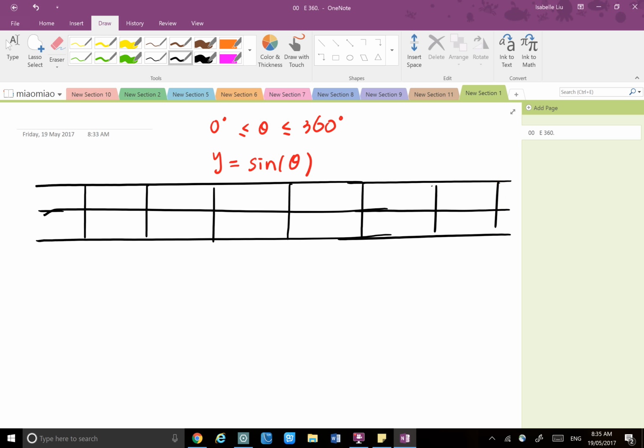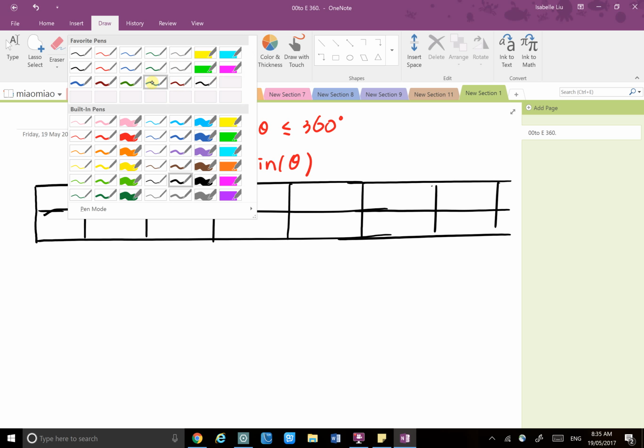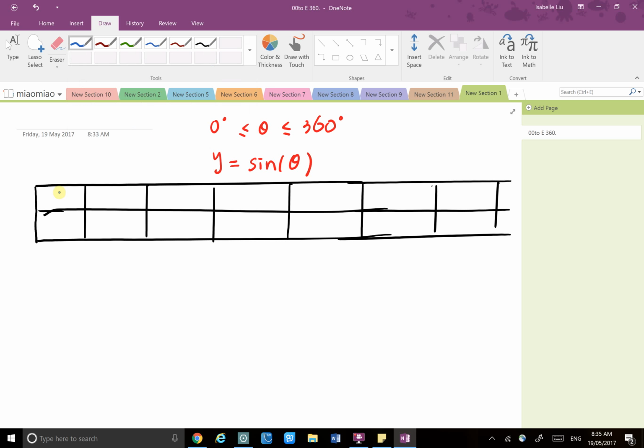I don't know how many boxes I have, but let's start from 0. So if I have 0 degrees, we have theta here, and we have the sine theta value below. Let's have a think.